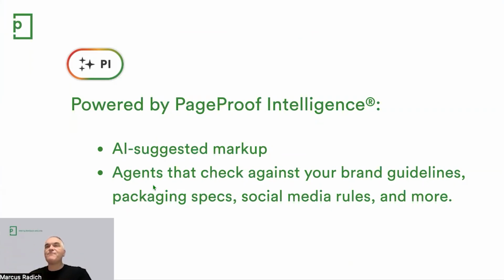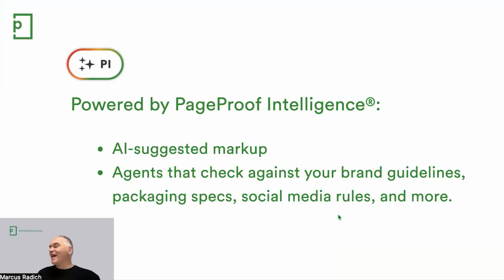So agents are available on PageProof Enterprise, and you can work with our team to define an agent or multiple agents to go through and check your work against your specific guidelines, rules, language, legal terms. As you can imagine, it just goes on and on.